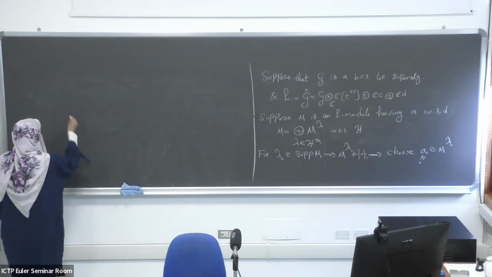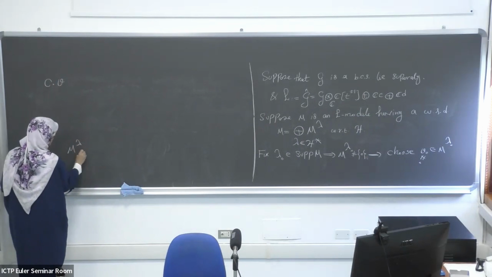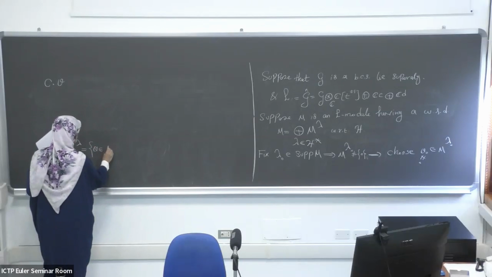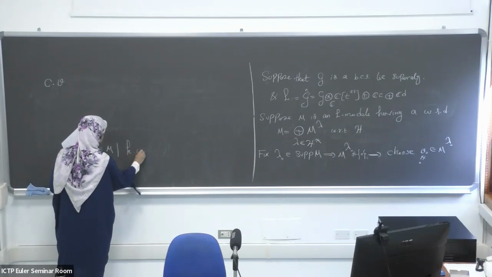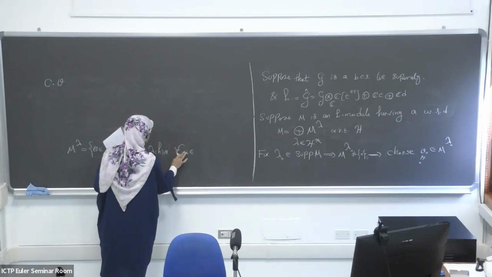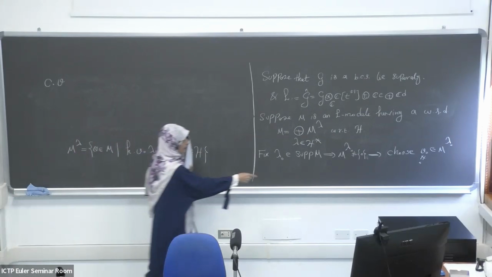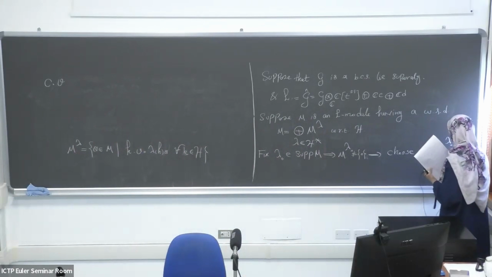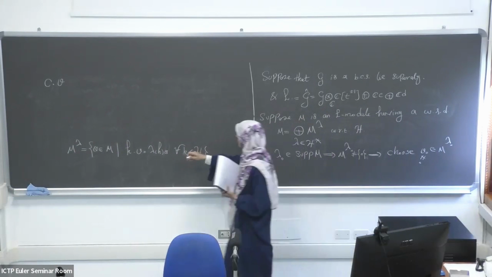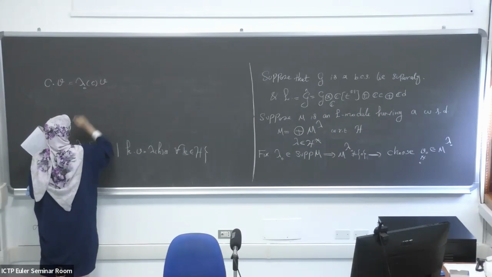You remember the definition of M lambda. M lambda was the set of all elements of M such that HV is lambda HV for all H belongs to H. So as V0 is an element of M lambda 0 and C is an element of H, CV is lambda 0 CV.